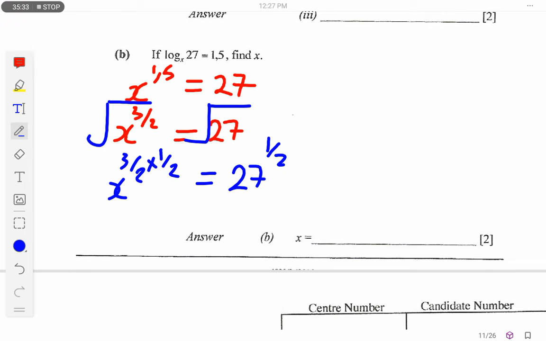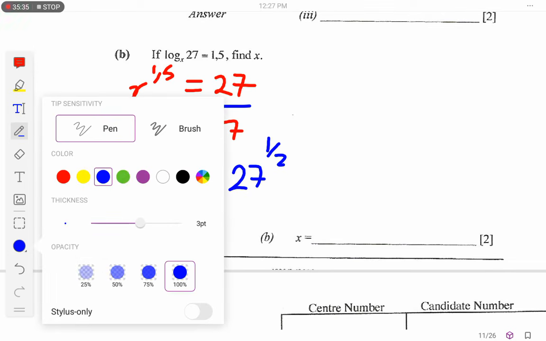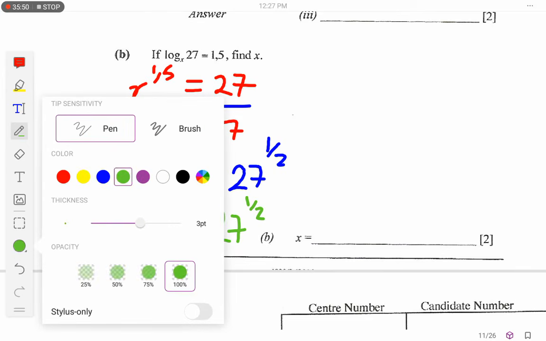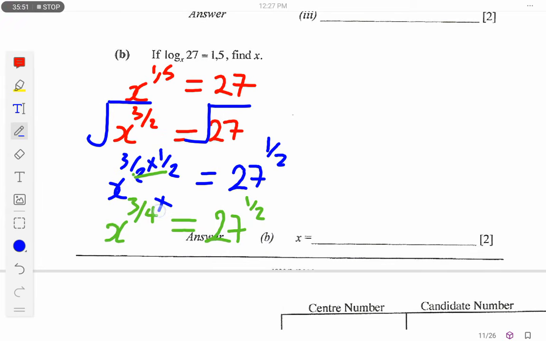Now, on my left side, this becomes x to the power of 3/4, since 2 and 2 multiply to give 4, is equal to 27 to the power of half. To remove the 3/4, I can multiply by 4/3, here also by 4/3, such that these cancel off each other.